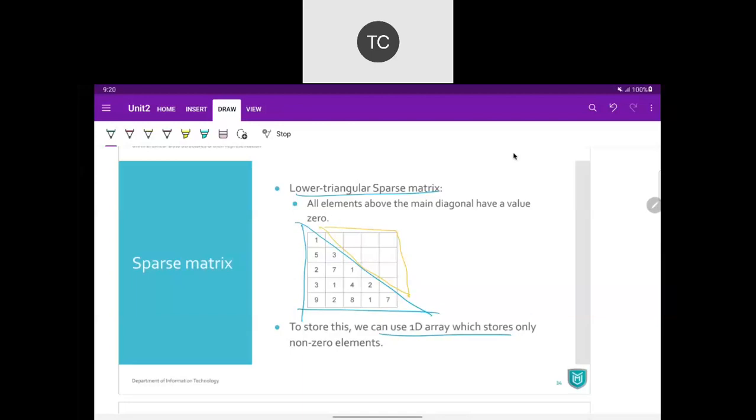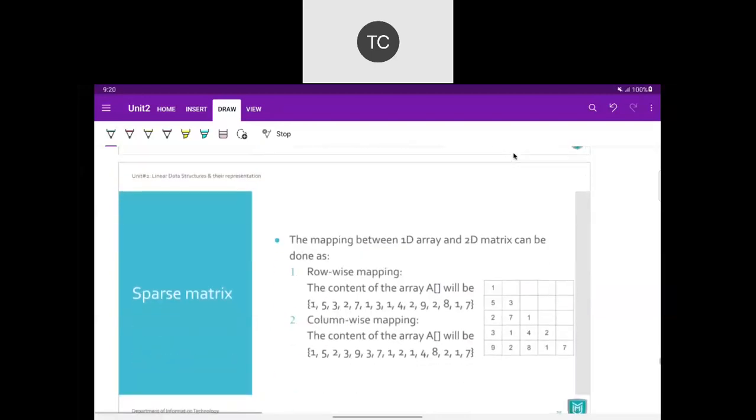We are going to store this data in single dimension. Okay, and then we can take memory just enough to store this data. ज़्यादा memory लेंगे ही नहीं. So what are those mappings or those algorithms?